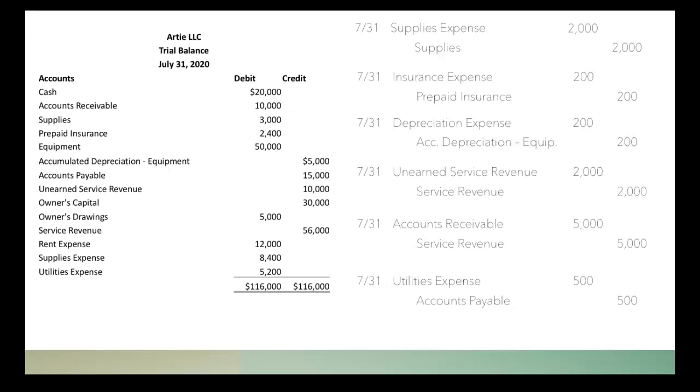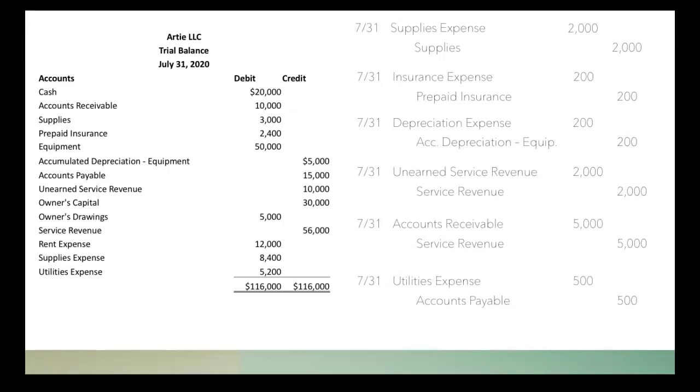Whenever you're dealing with depreciation, we're always going to be debiting depreciation expense and crediting accumulated depreciation. So you'll get into a pattern where it'll just flow once you practice this enough, and you'll start realizing the similarities between all of these accounts in these entries.